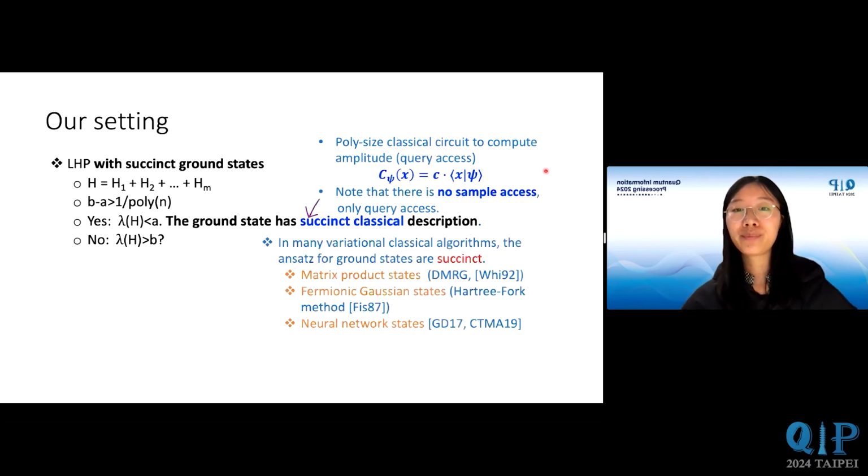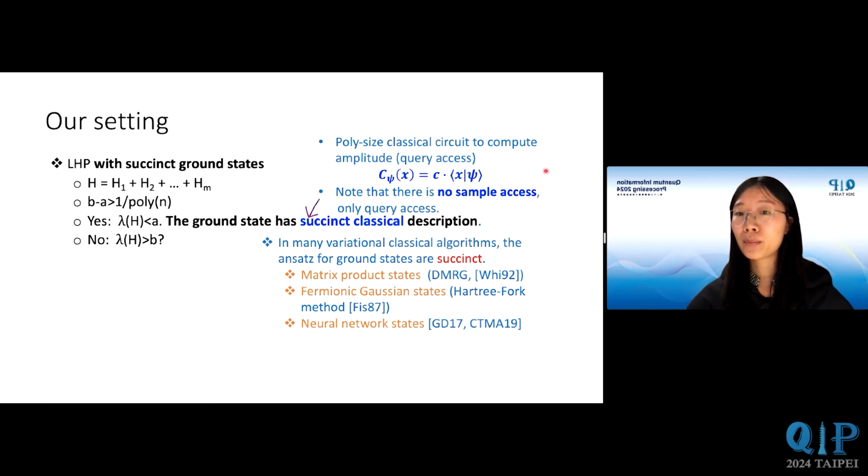You may ask, okay, you can define everything as you want, but why do you study this problem? What's the motivation? And where does this succinctness assumption come from? The motivation for studying this problem is to study some complexity implications of classical algorithms. In particular, the succinct classical description assumption comes from existing classical algorithms, where people use variational methods to estimate ground energy.